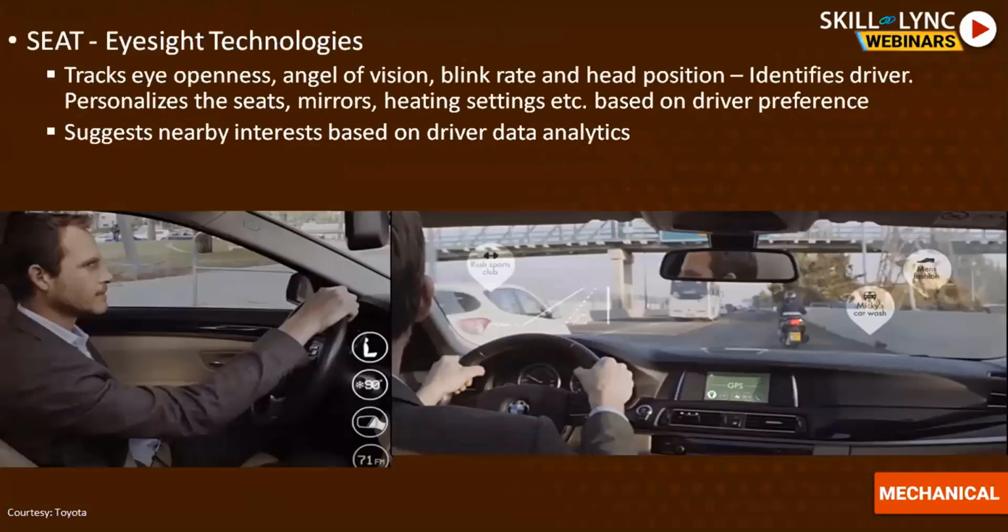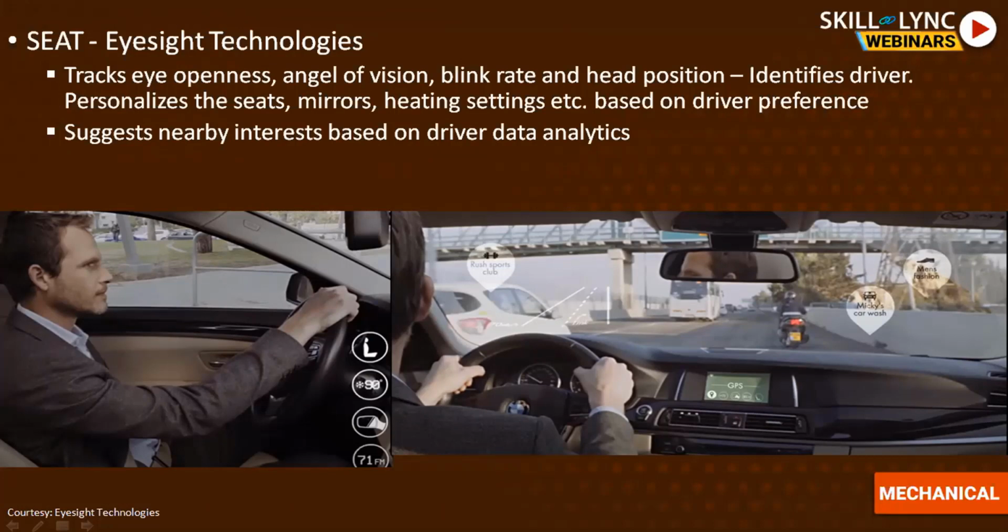The other one I talked about is EyeSight technology. The latest trend from this technique is that EyeSight technology can literally detect who the driver is and adjust and personalize the seats for them. It can adjust your mirrors, the heating and cooling temperature, and a few other in-vehicle settings.